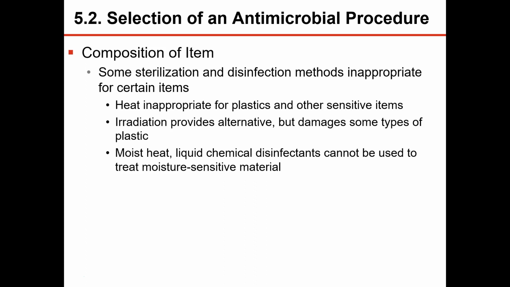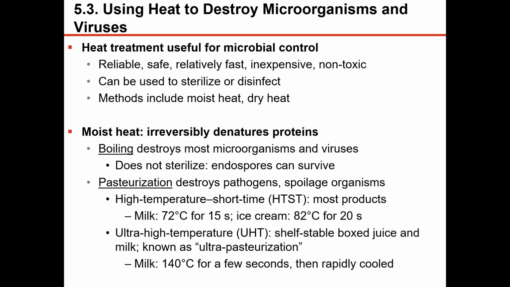Using UV light is traditionally what we use. However, some plastics over time become brittle when exposed to UV. And moist heat, using things like an autoclave, cannot be used if we're dealing with moisture-sensitive material, like media that we're growing bacteria in. We can't necessarily use moist heat unless we do some more procedures prior to putting it in the autoclave.